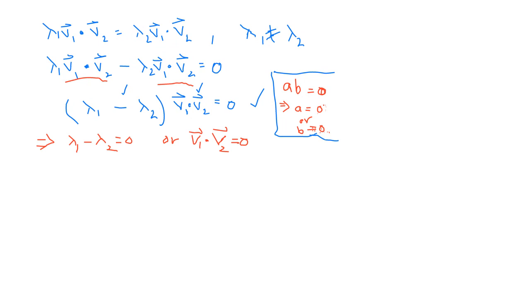And of course, if lambda 1 minus lambda 2 equals 0, that means lambda 1 would have to equal lambda 2, right?